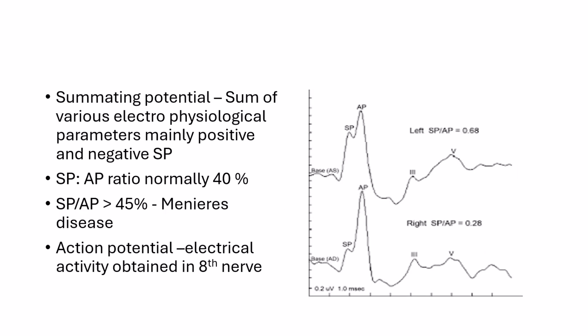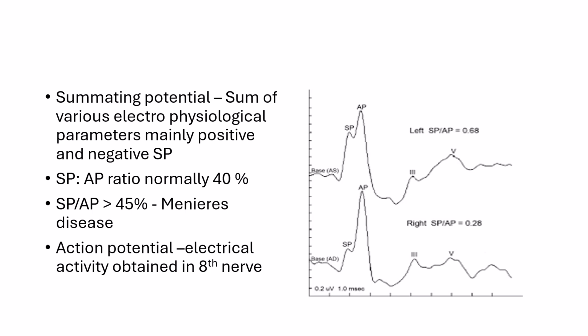In this slide we see that electrocochleography can be transtympanic or extratympanic, depending on where the electrodes are placed. Transtympanic is more accurate but invasive, because we are perforating and going through the tympanic membrane.